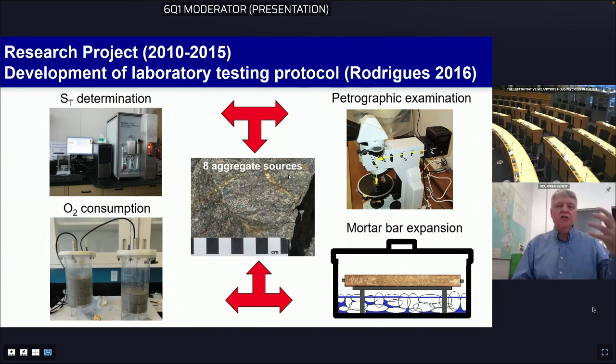The test methods use the total sulfur determination, the oxygen consumption, petrographic examination, and a mortar bar expansion test. And this was done through the PhD work of Andrea Rodriguez here at Laval University.